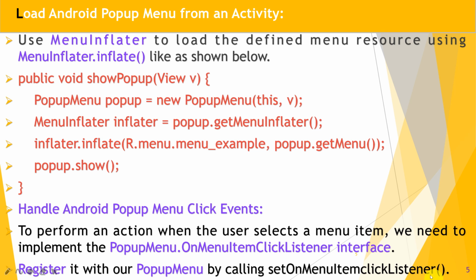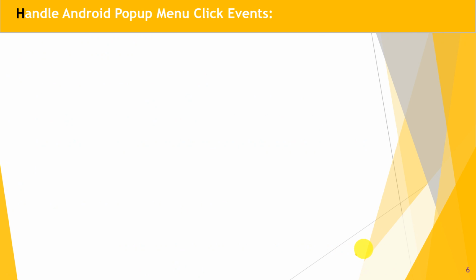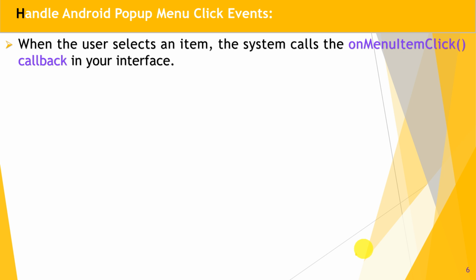So using the setOnMenuItemClickListener method, we have to register our pop-up menu with the respective view, here the download button. When the user selects an item, the system calls the onMenuItemClick callback method in our interface. So when we click, the onMenuItemClick method is called automatically. We have to write our action in the onMenuItemClick method, which is the callback method.